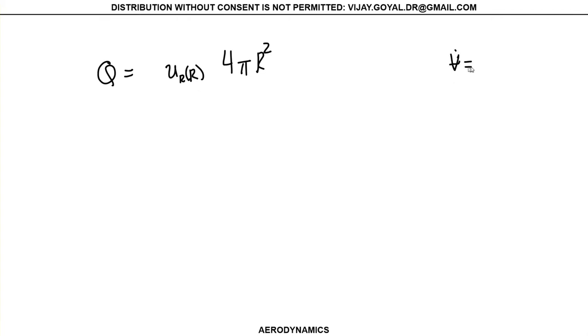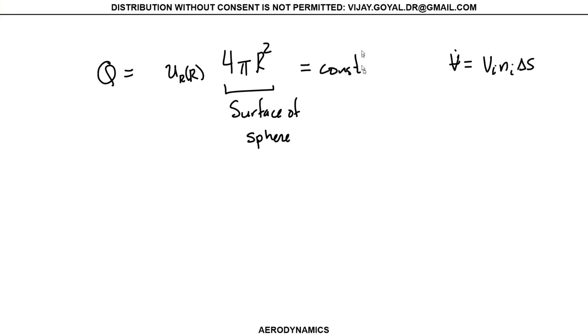This is nothing else than the velocity times your n_i times your delta S. This is over the surface of the sphere, okay? And this is going to be a value that's constant. That's going to be the same.